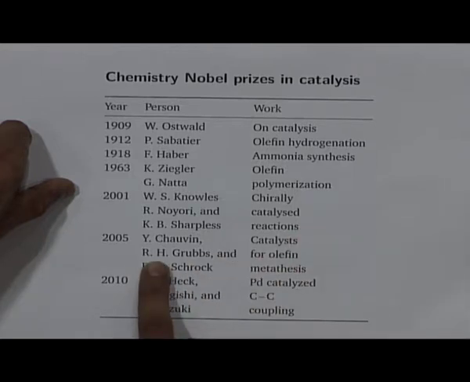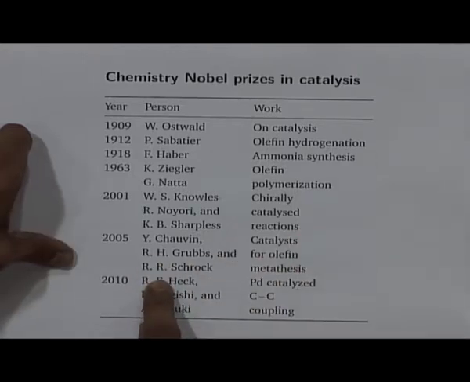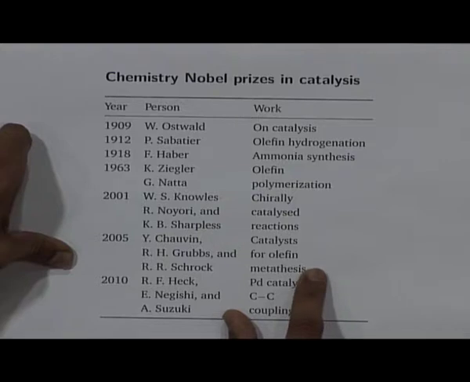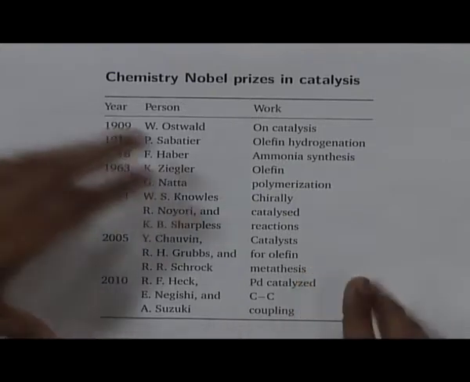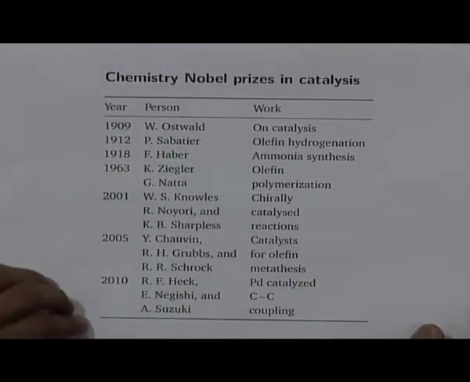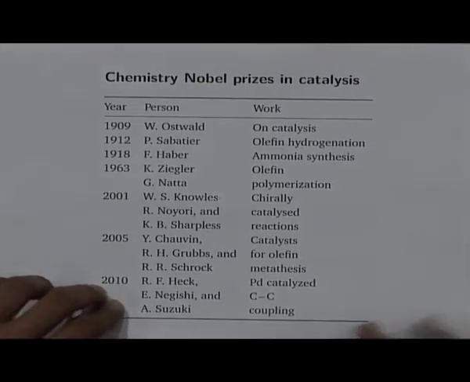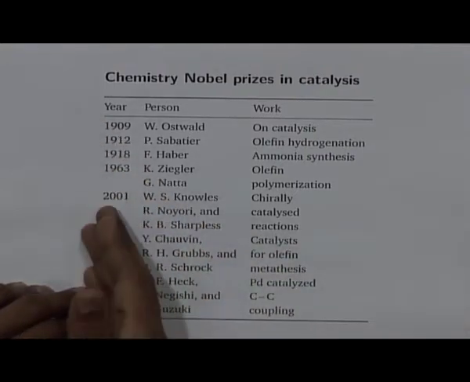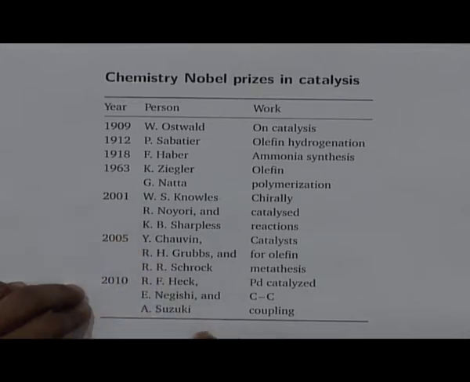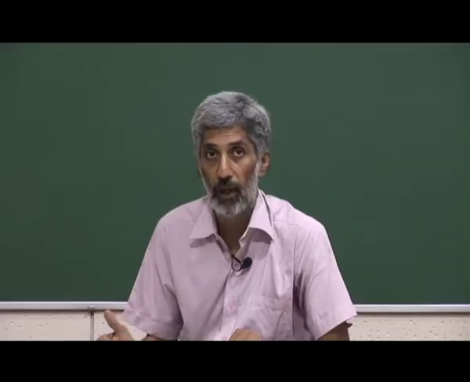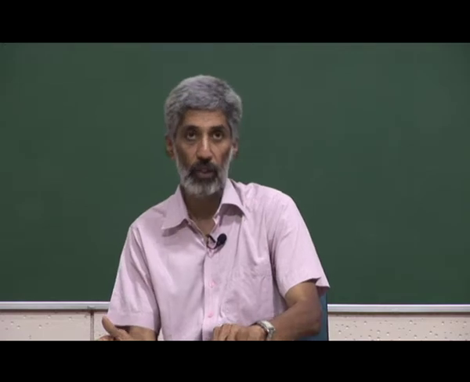Yves Chauvin, Bob Grubbs and Richard Schrock for their catalysts for olefin metathesis, which is to take an olefin and break it. And in 2010, Heck, Negishi and Suzuki for carbon-carbon coupling reaction using palladium as a catalyst. As you can see, catalysis has been rewarded with a number of Nobel Prizes.